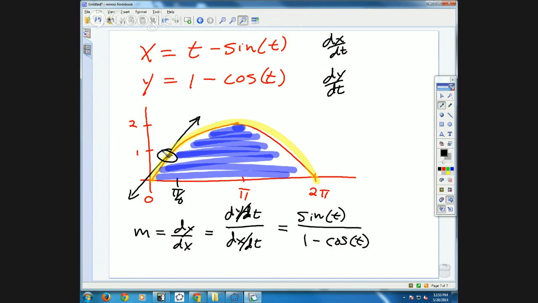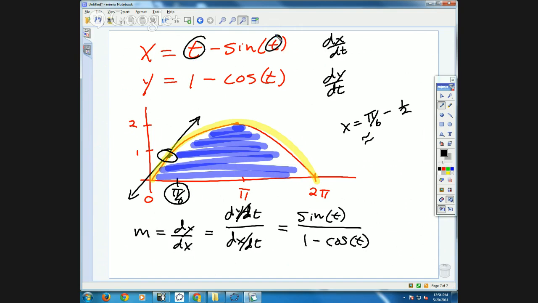All right, so the point we're going to have here: if I let t be pi over 6, then I'm going to get pi over 6 minus the sine of pi over 6. The sine of pi over 6 is 1/2, and we can approximate that on a calculator. I just plugged in pi over 6 for t here.